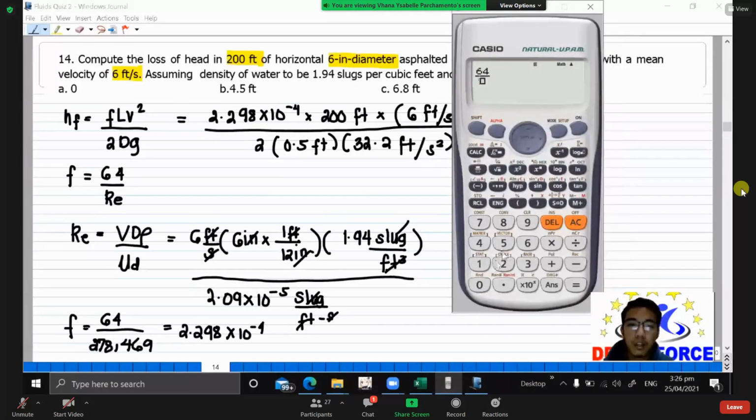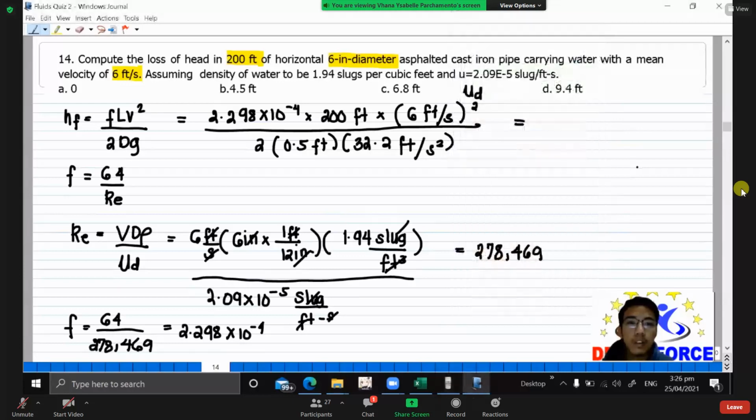64 divided by 278,469. F times L times V squared over 2DG.